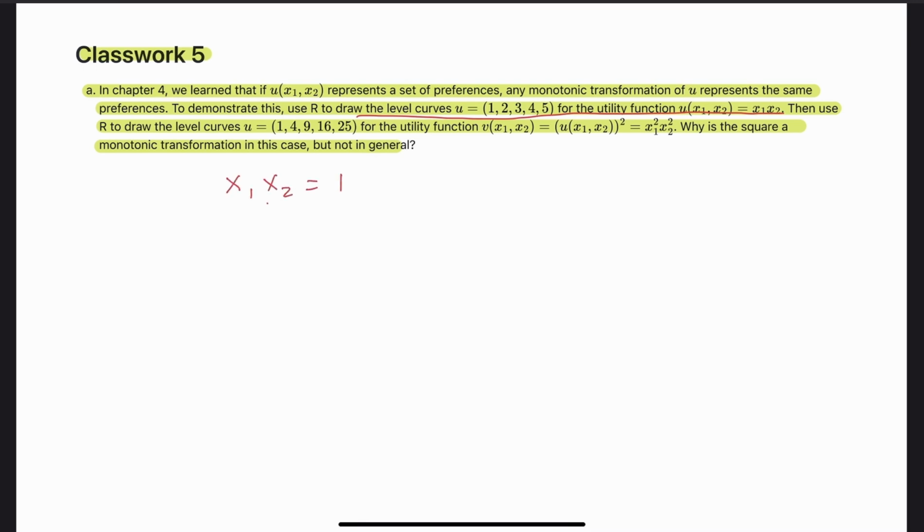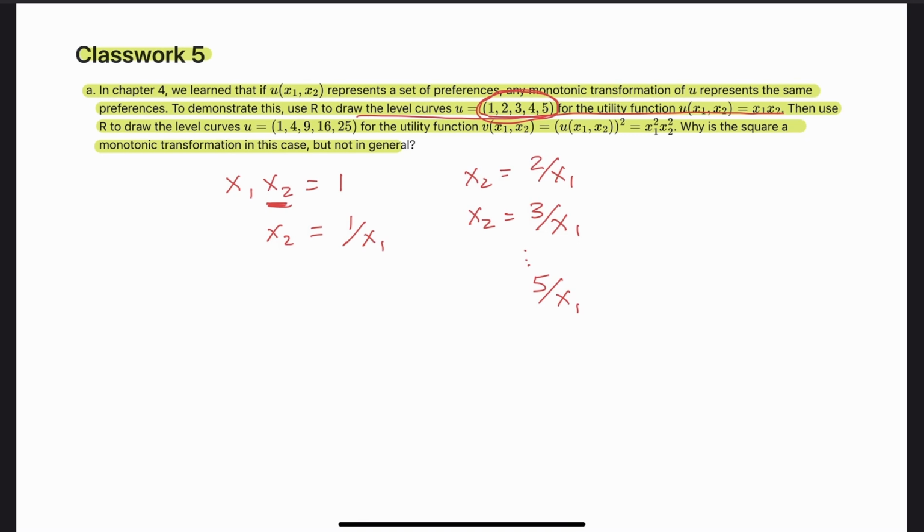Then I'll solve for the y variable, which will be x2 here, so x2 is 1 divided by x1. And the level curves for the utility of 2, 3, 4, and 5 will just be x2 equals 2 over x1, x2 equals 3 over x1, all the way up to 5 over x1.